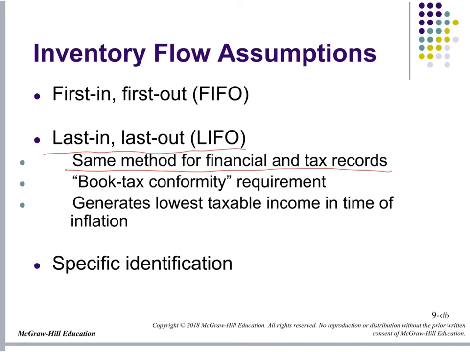All right. This is called the book tax conformity rule. And the reason that this is the case is because LIFO generates the lowest taxable income if we're talking about an inflationary period, which almost every period in U.S. history has been inflationary. Okay. And so because it generates the lowest taxable income, you also have to generate a low financial income. And so that's the book tax conformity method. And that is all we have to talk about as far as inventory flow assumptions.